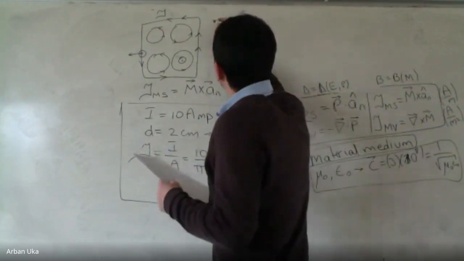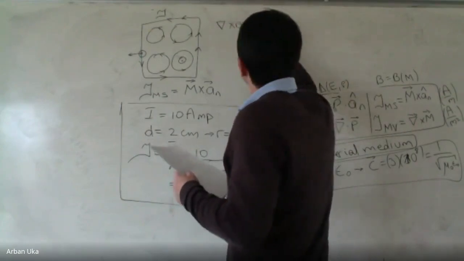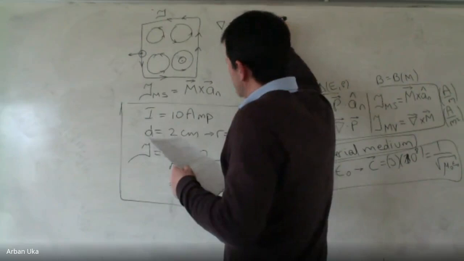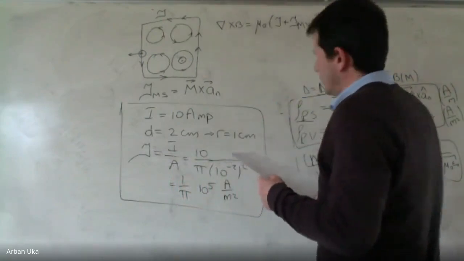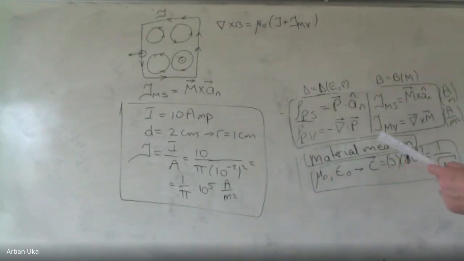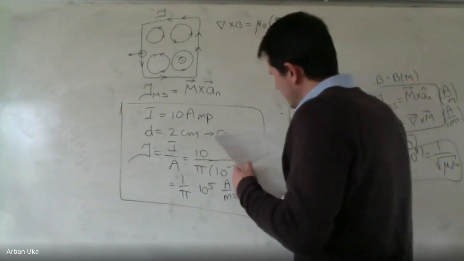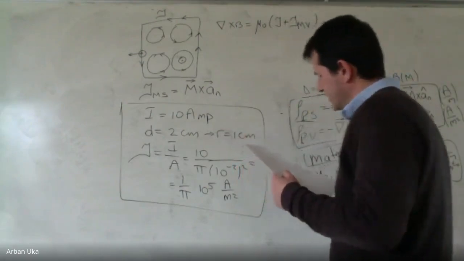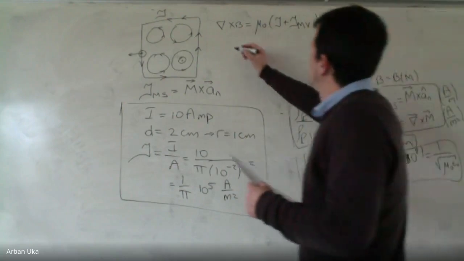We can get that the curl of the magnetic field is equal to mu 0 times J plus J because of the magnetization on the volume. So in essence, for an external magnetic flux density, we have the following.